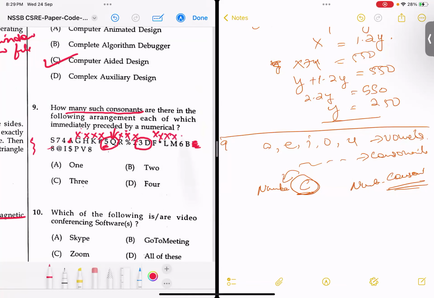Now here we have P, a consonant, and it is preceded by a number. Then these also cancel out. Here is one consonant, but it is preceded by a special character, so remove it. So we have no more. The only possibilities of a consonant being preceded by a numerical total 3. So the correct option is C.